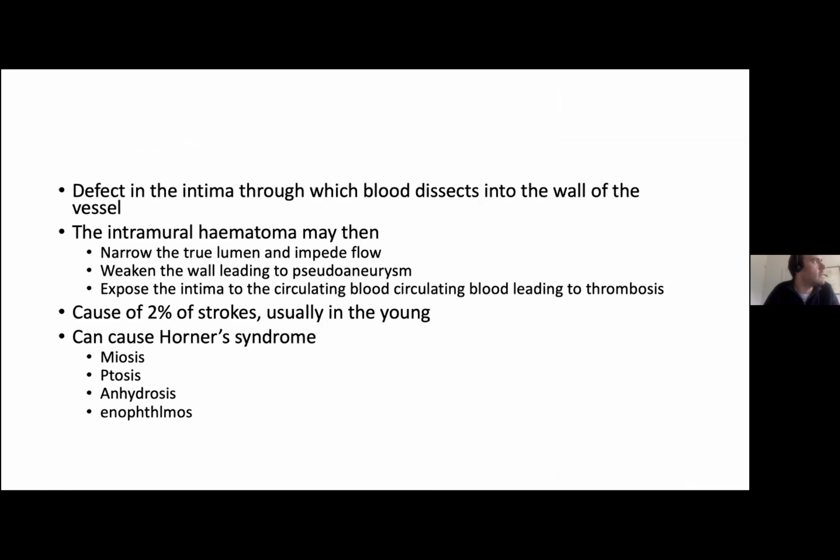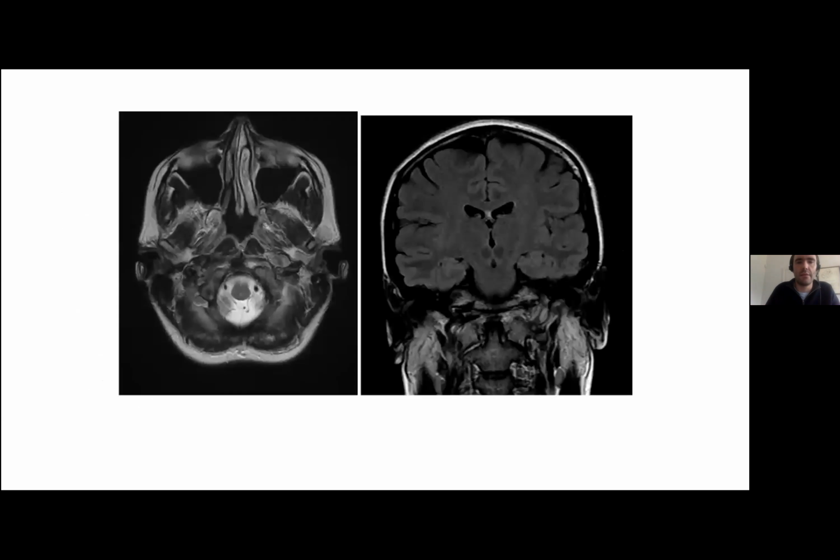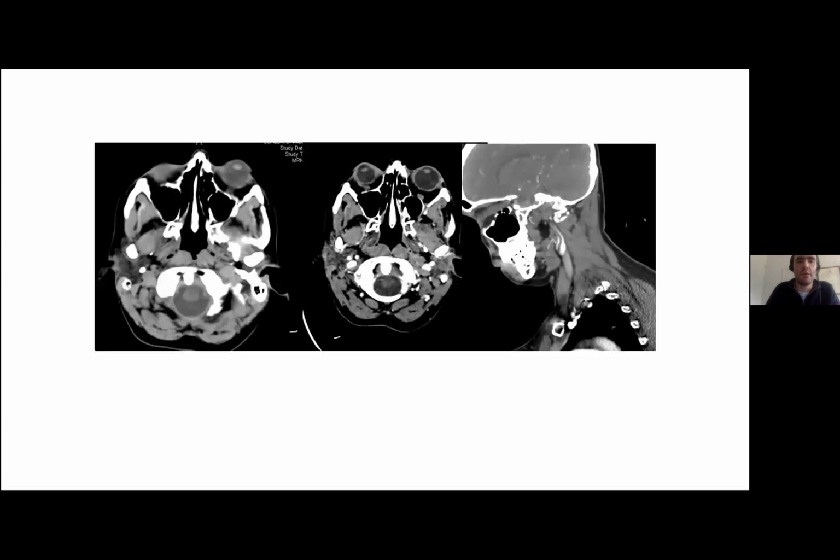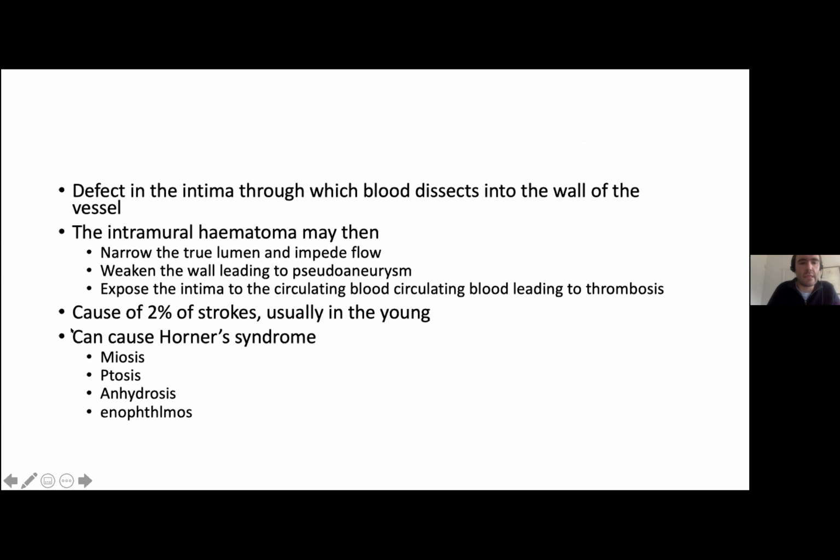The classic presentation is they've been to the gym, been doing some heavy deadlifts, and they've ended up with a stroke. There are certain predispositions to it, which I'm going to talk about a bit later, actually. The classic clinical presentation is the Horner syndrome, which you're all fully aware of, I'm sure.